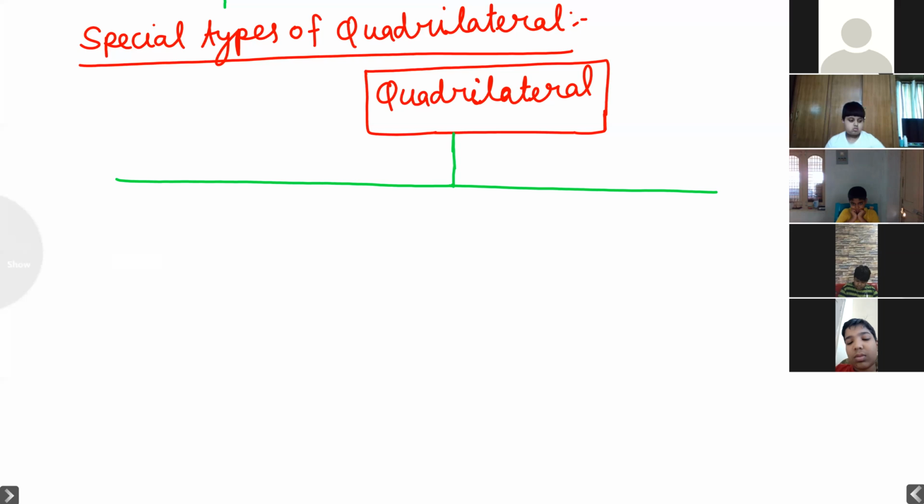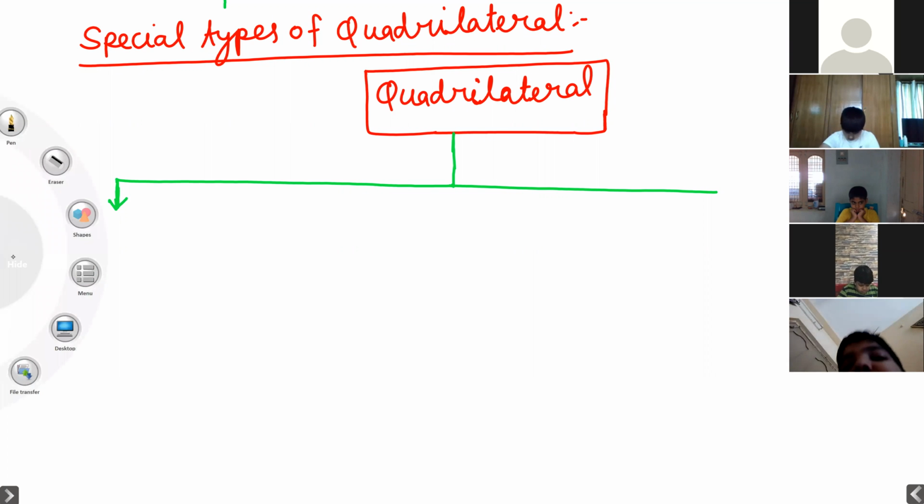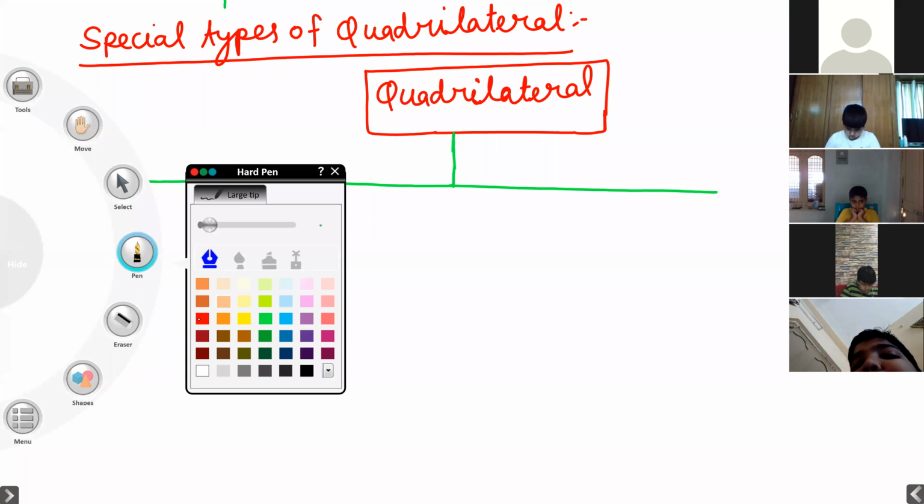First one is parallelogram. Don't write, listen carefully.